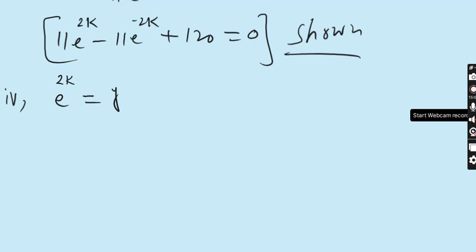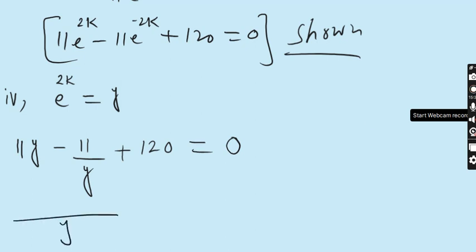So put e^(2k) as y in your final answer of part 3. 11e^(2k) means 11y, minus 11e^(-2k), which becomes e^(2k) going to the denominator, so it will be 11 upon y, plus 120 is equal to 0.